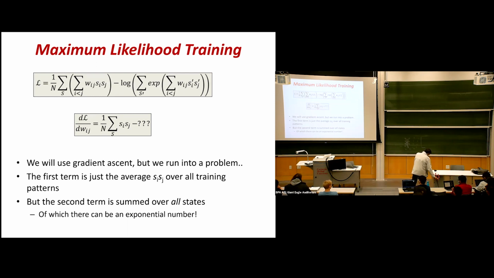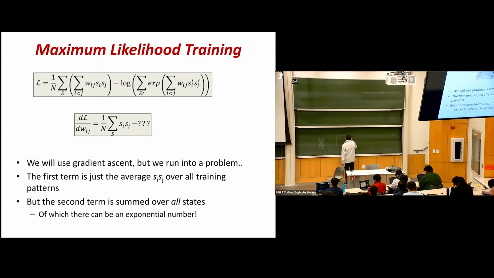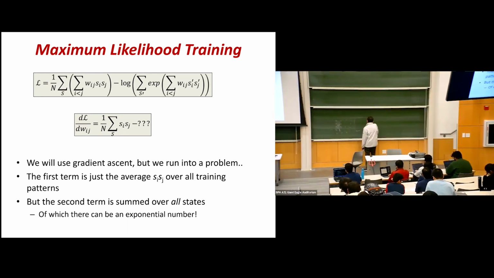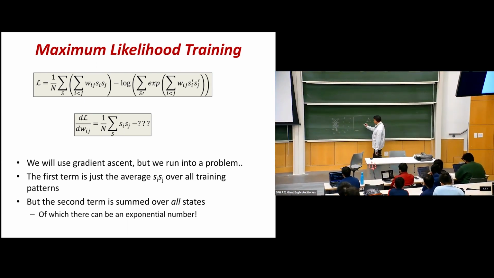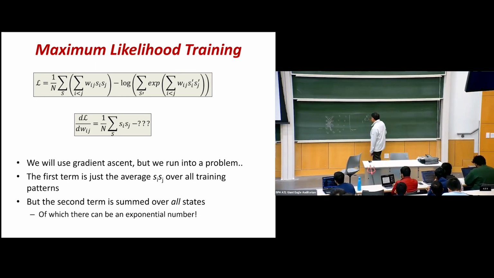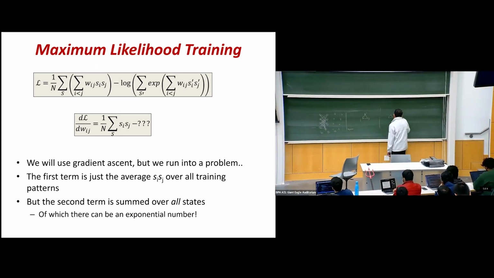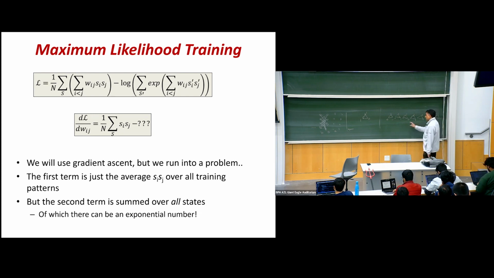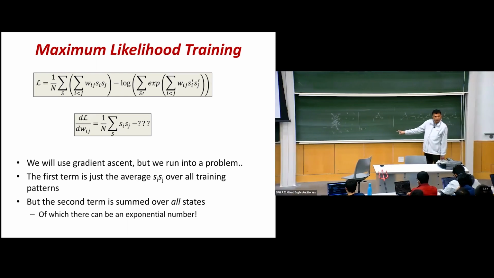So again, just to give you an idea of what those two terms are, suppose I had a 3-state network, and say I was trying to store 1, 0, 1. The various configurations are going to be 8 of them, right? 0, 0, 0, 0, 0, 1, 0, 1, 0, 0, 1, 1, 1, 0, 0. These are the 8 possible configurations of my 3-neuron network.